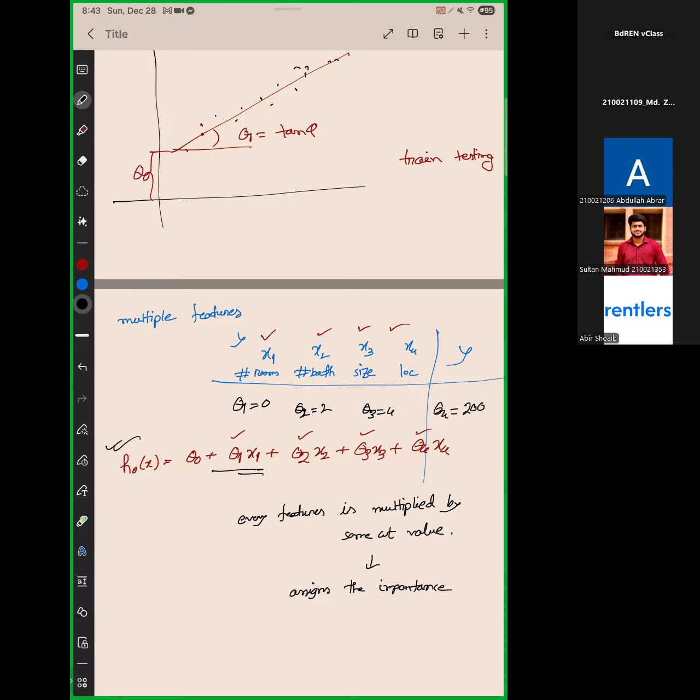That means the x4 value is multiplied by 200, so this feature has more weight in the hypothesis. So the theta values that we are finding are the weights of the features. The larger the weight, the more important that feature is. That's the basic idea. Is it clear?